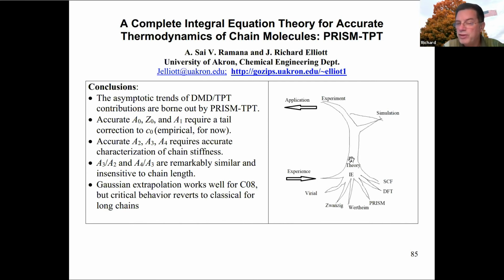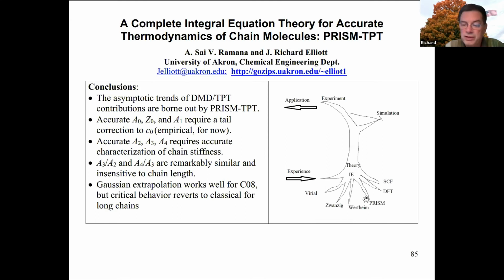So of all the theories, when you say theory, what do you mean? Do you mean the virial equation theory? Do you mean the Barker perturbation theory, Wertheim's perturbation theory, PRISM theory now, density functional theory, self-consistent field theory like COSMO? So many theories. Well, the integral equation theory, in my perspective, sits somewhere around here.